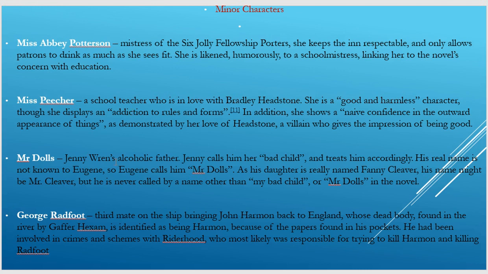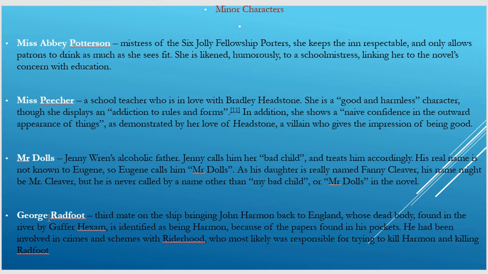Mr. Dolls is Johnny Wren's alcoholic father. He is almost addicted to alcohol, and he is never called by his name, only my bad child or Mr. Dolls. So he has a name, Fanny Cleaver, but no one called him anything but Mr. Dolls. George Radfoot was third mate on the ship of John Harmon, who came back to England, and whose dead body was found in the river.